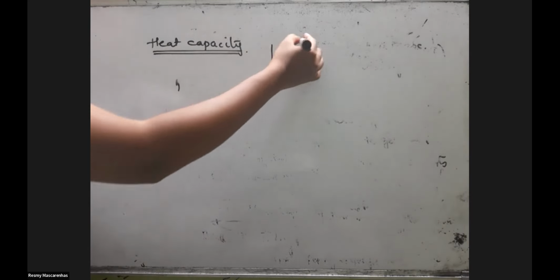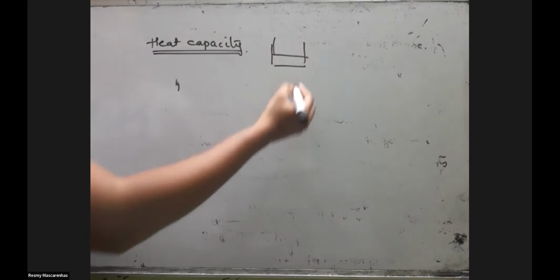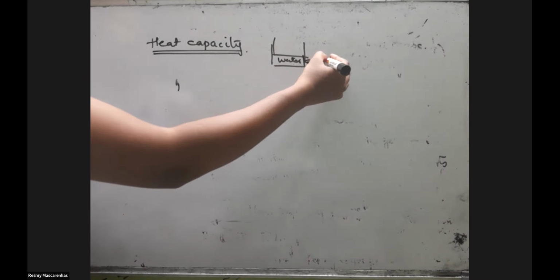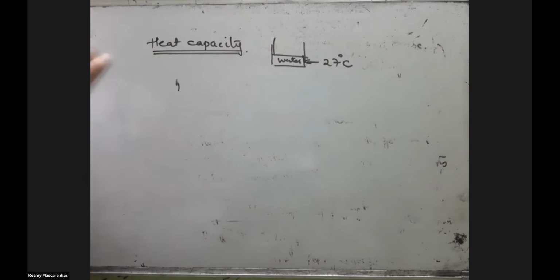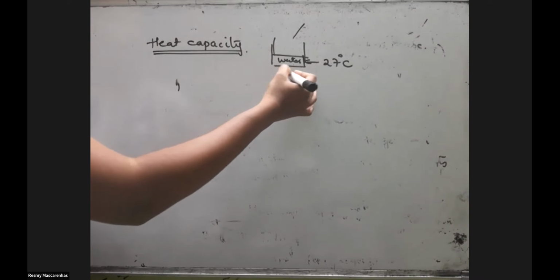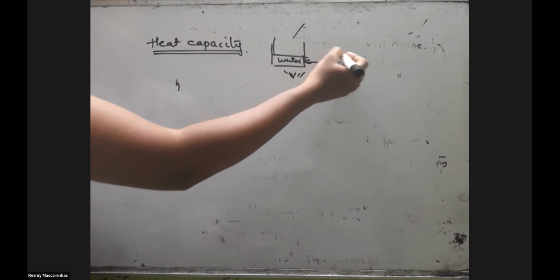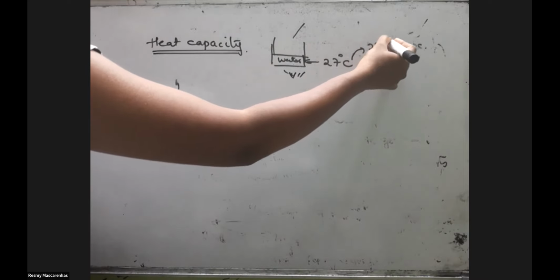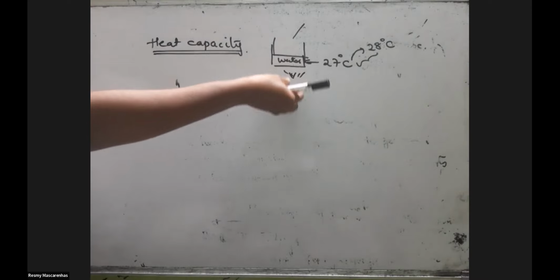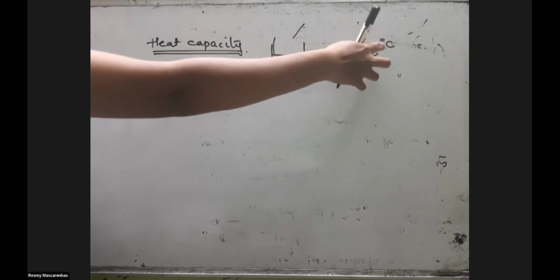Just before that, I'll explain again if you want. Suppose you have water or anything, and water is at, suppose, 27 degrees Celsius. Now I want to provide some heat. I want to make it 28 degrees Celsius. So obviously some heat I must provide to make it go from 27 to 28.